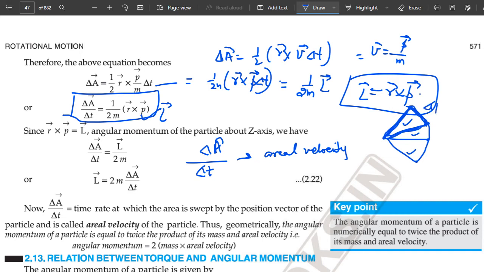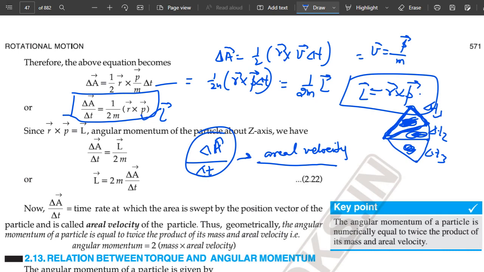Suppose in time delta 1, delta 2, delta 3, the particle sweeps out this area. In this time interval, the particle swept out this area. That means this expression, the rate of change of area with respect to time, is called aerial velocity.